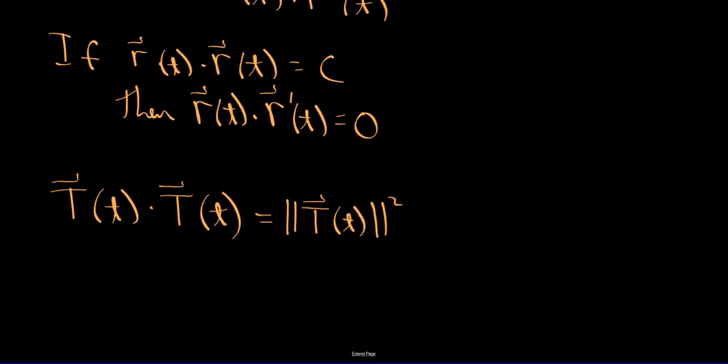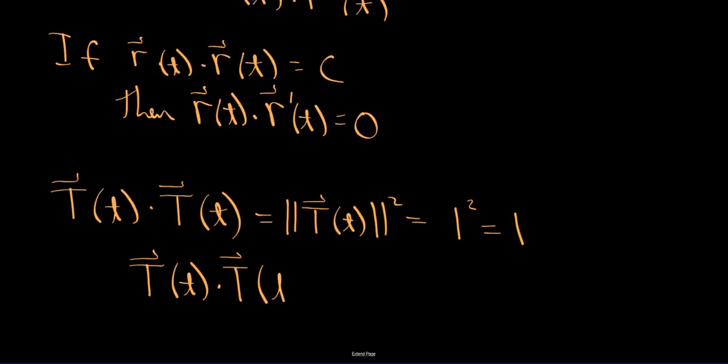Then this is equal to 1 squared, which is 1, so that definitely equals a constant. Does everybody dig that? Then if we take T and dot it with its derivative, we for sure get 0. No question about it, because we've proved that.